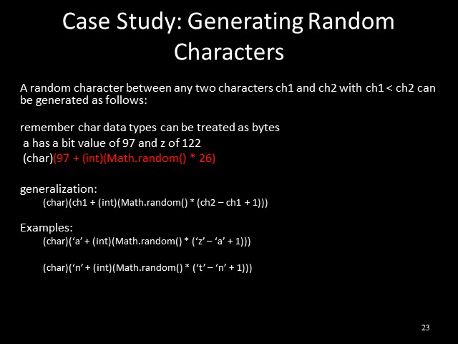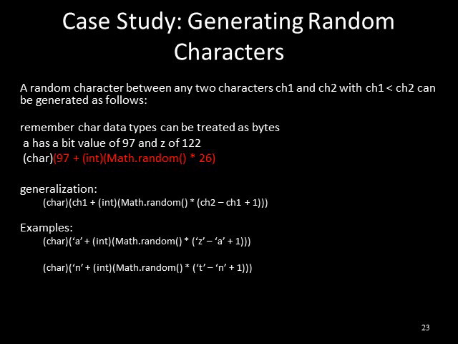That's what its bits would equate to. And z has a numeric value of 122. So if we look at the red code, it will generate a random number between 97 if Math.random is 0, and 122 if Math.random generates 0.999 something.